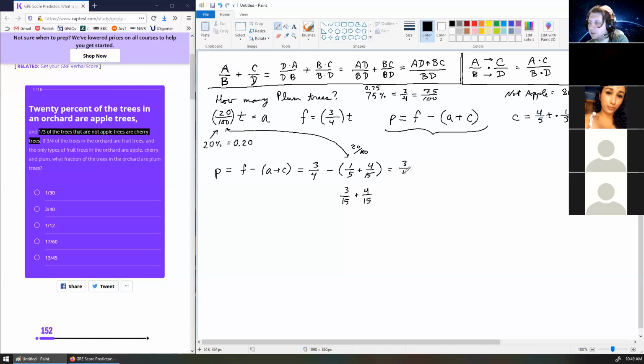So we have 3/4 minus 7/15. Now we need to come up with a common denominator for these. Anyone want to try and do that on their own? See what we come up with?